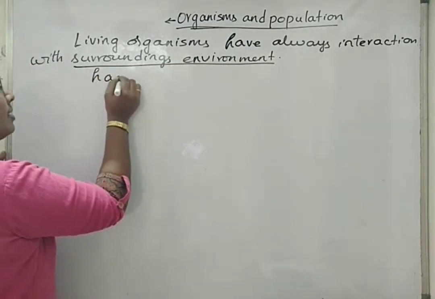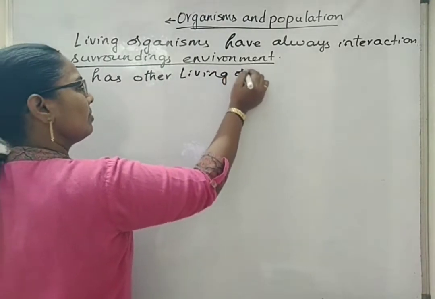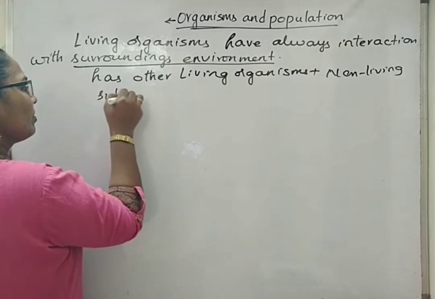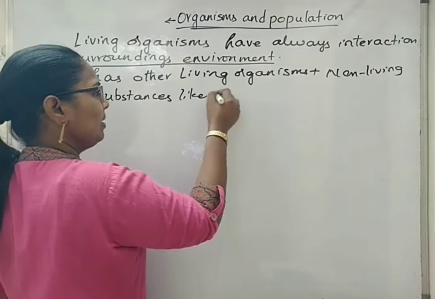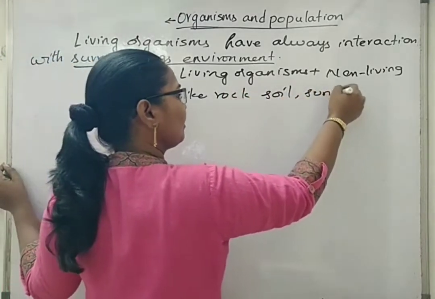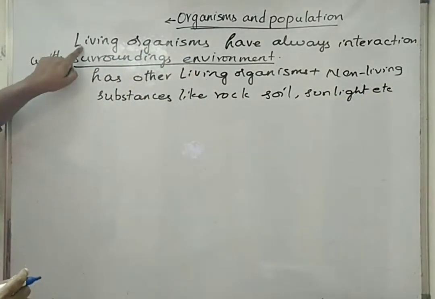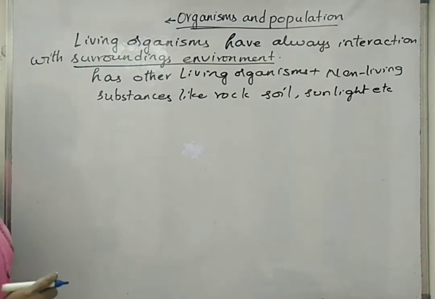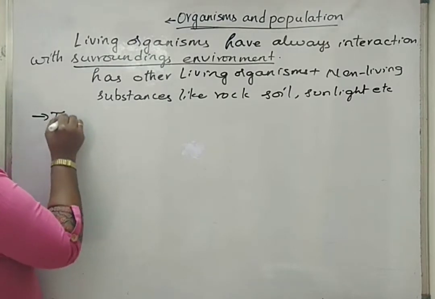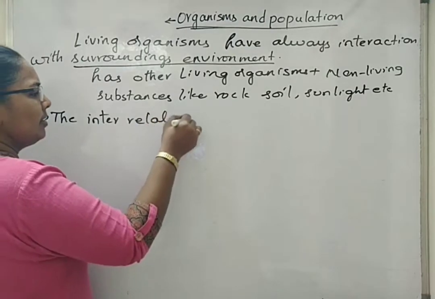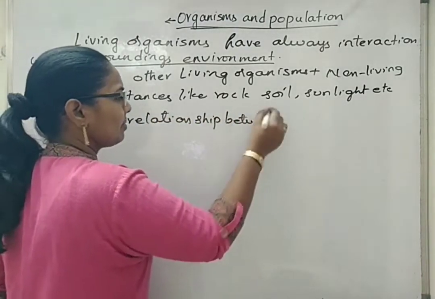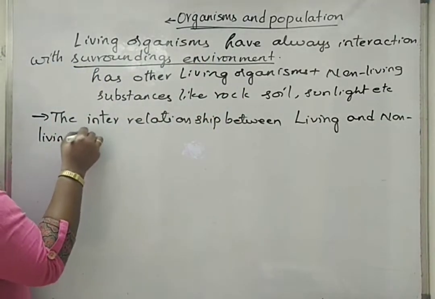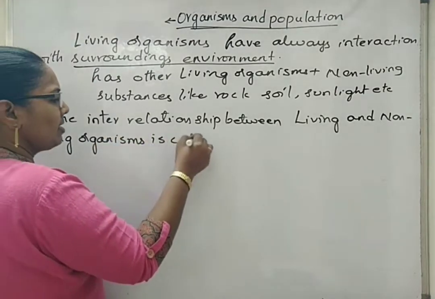The surrounding environment has other living organisms plus non-living substances, for example rocks, soil, sunlight, etc. So living organisms always interact with the surrounding environment, which has other living organisms like plants and animals, and also non-living substances like rocks, sunlight, soil, water, etc. So the interrelationship between living and non-living organisms is called ecology.